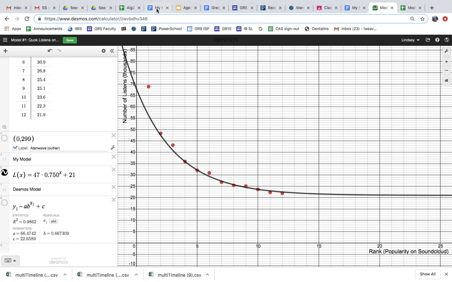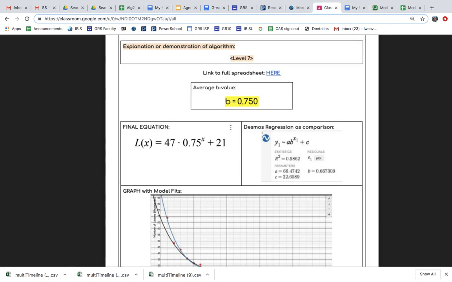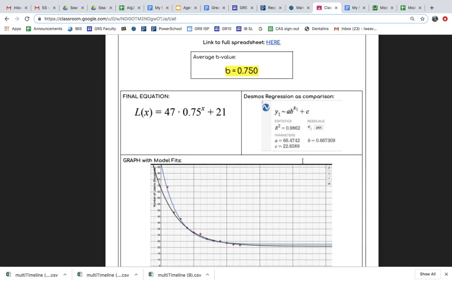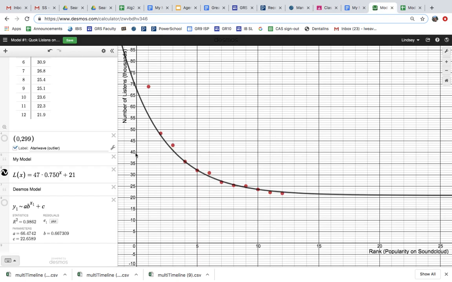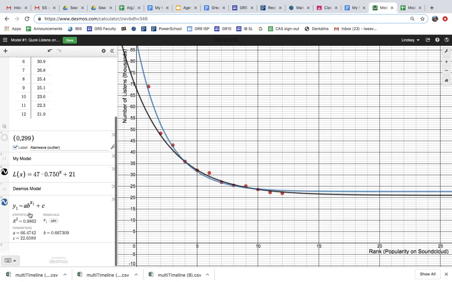The last thing that I want to show you how to do is you can have your final equation, which I personally think is a great fit for my data. But like a pair of jeans, you also want to see what Desmos has for a fit for your line. The way that you do that is a regression model on Desmos. You do y1 is approximately equal to. You're telling, hey Desmos, please model this for me.